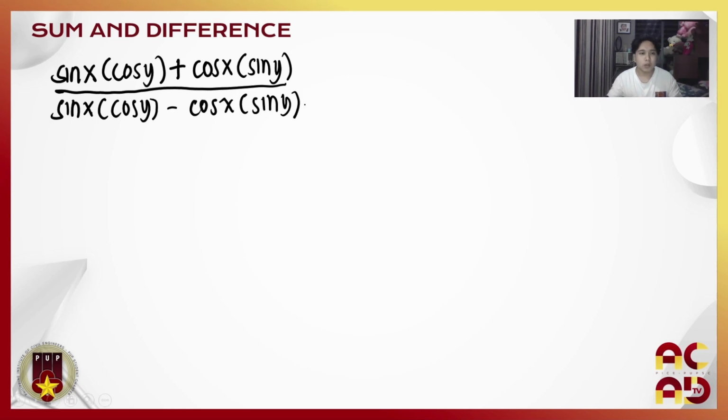Ayan. So, kung natatandaan nyo, itong gantong form is the sum and difference of sine. So, ito, pwede nating i-rewrite by sine of x plus y, yung sum, and then yung difference na sine of x minus y. Ayan.